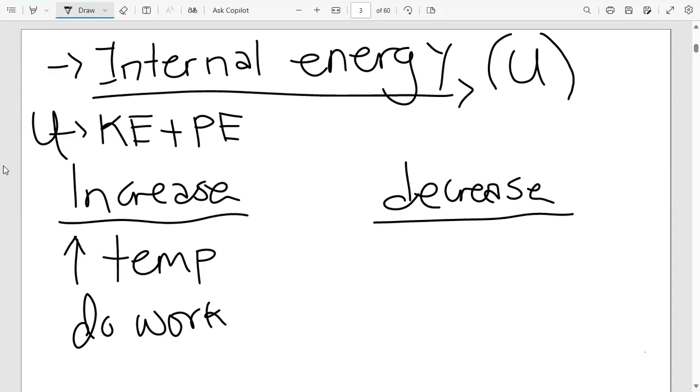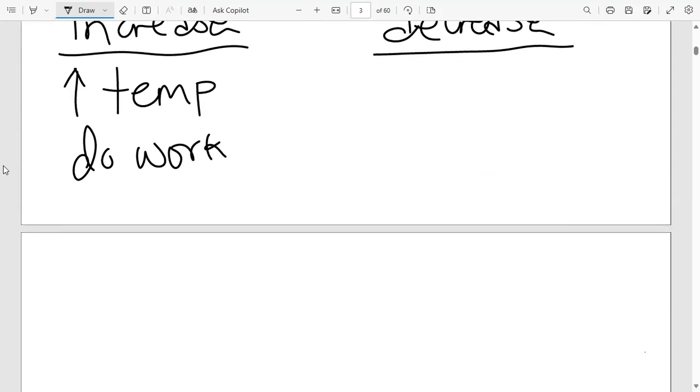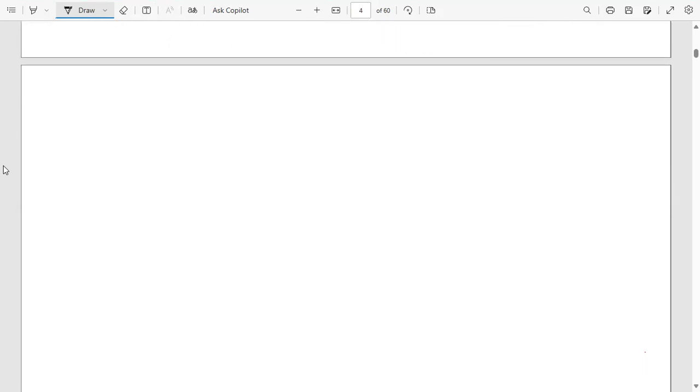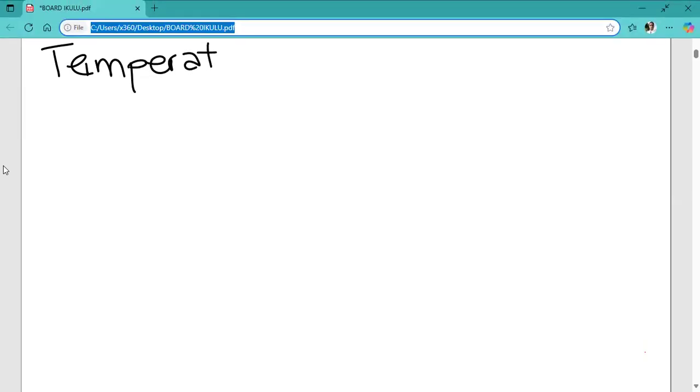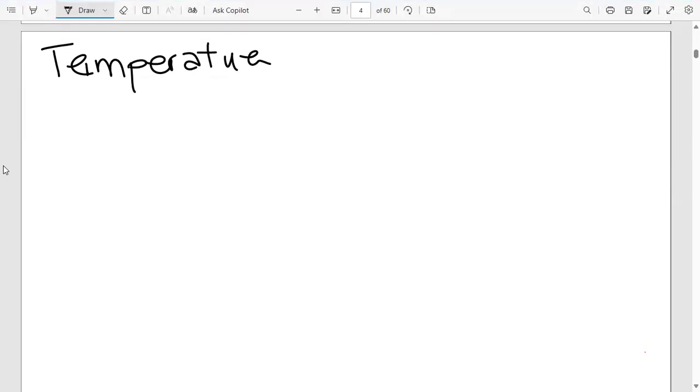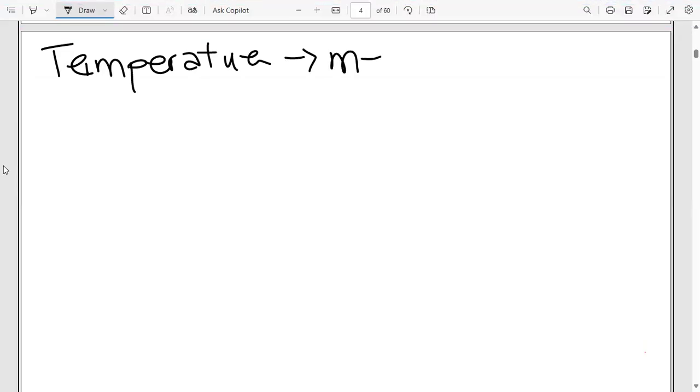Okay, moving on, we're going to talk about another thing. The next thing is that this amount of heat in a substance, which we've defined as temperature, can actually be measured.